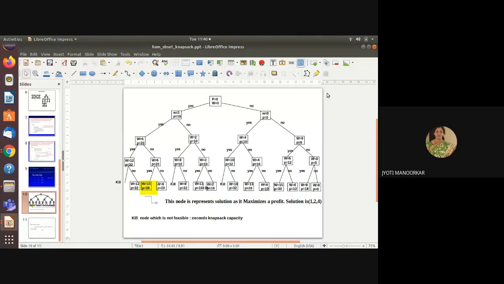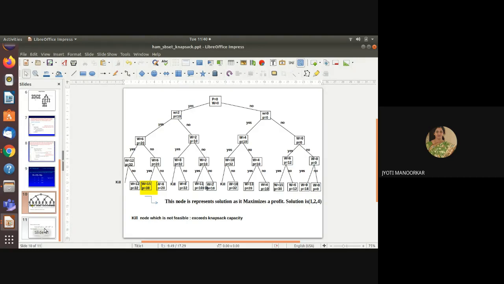This is how you can draw the state space tree to represent the knapsack problem solution. This was a simple knapsack problem without a bound function. Here you did not calculate a bound on any node. This was a simple state space tree representation without bound calculations.